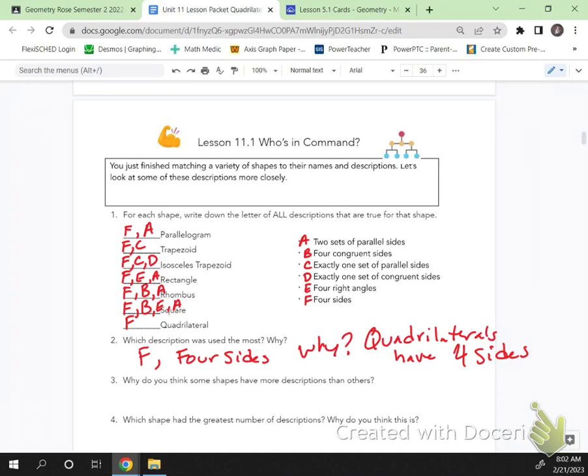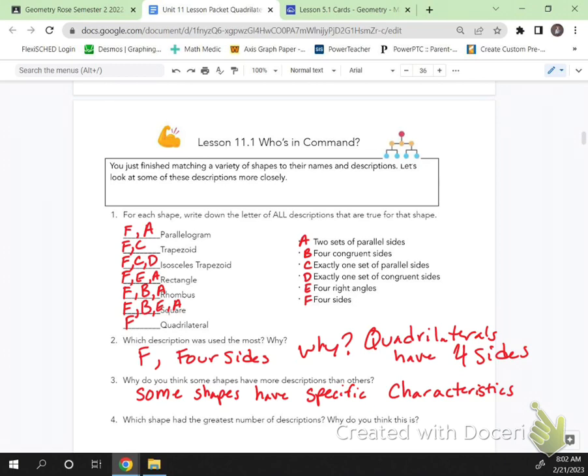Because they're getting really specific. Some shapes have specific characteristics. And a square is the most specific. Which is what number 4 is.